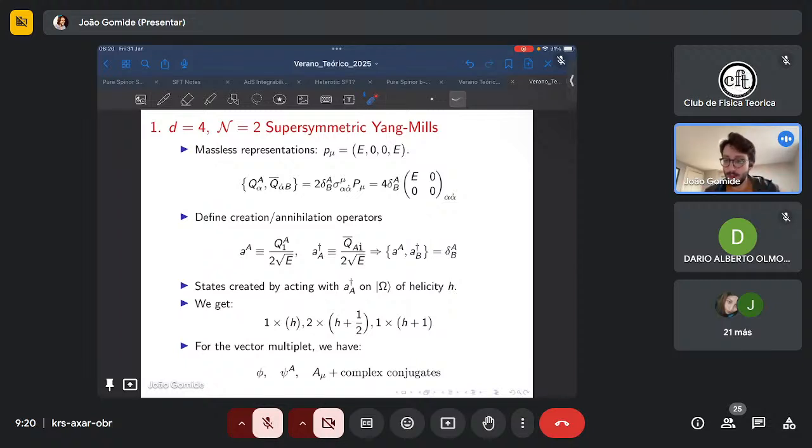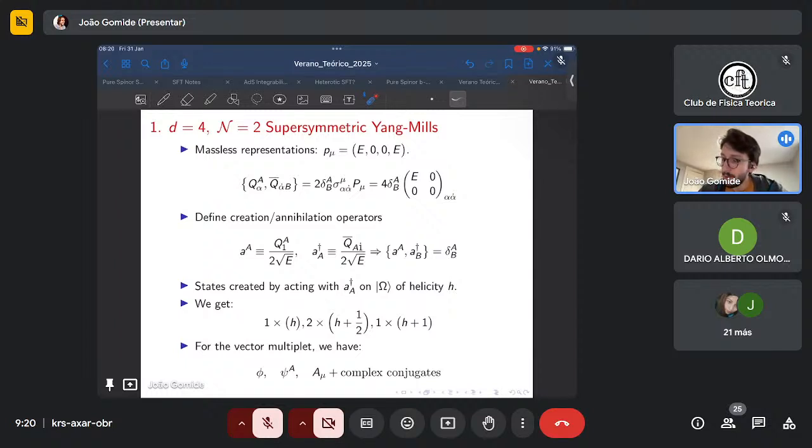And from the supersymmetry algebra, you realize that the anticommutator of the supercharges is given by this matrix, where the indices are the spinorial indices. You just find this by acting with P on the massless states, for example.